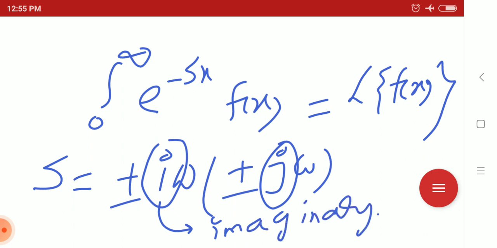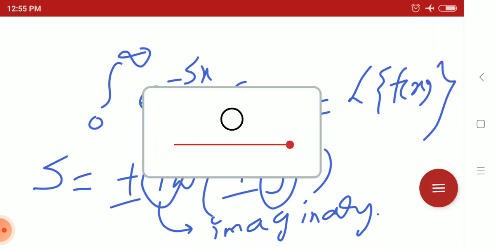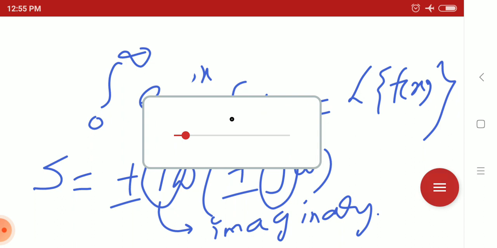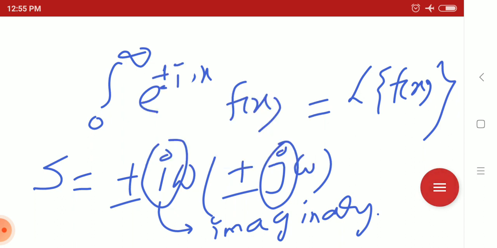So you can directly turn this e to the power minus s x into e to the power plus minus i omega x. This will be the Fourier transformation of f of x. That's how we can change Laplace transformation into Fourier transformation by putting s equals j omega or i omega. That's it.